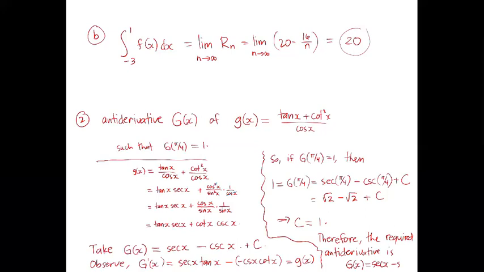So let me adjust this. So G of x equals secant of x minus cosecant of x plus 1. So this is the required function. Okay?